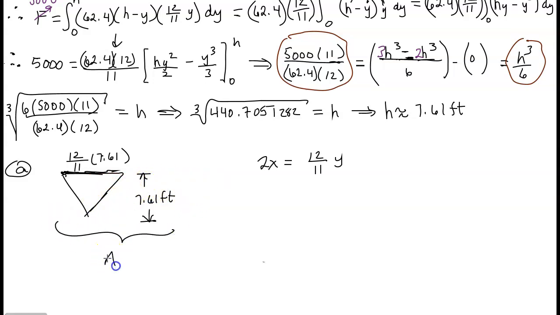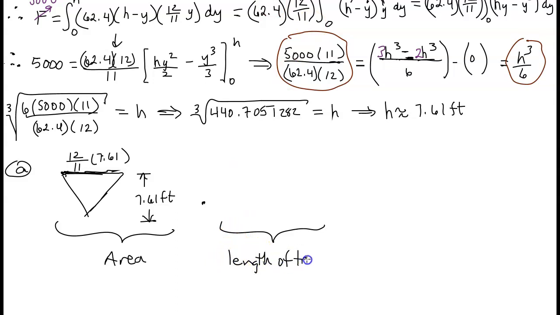So I'll just do it like this: area times, and I'm going to erase this here. I'm going to say area times length of trough. So length of the trough. And of course, the length of the trough is 30 feet. Okay.